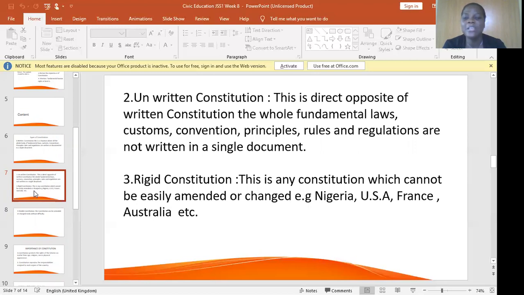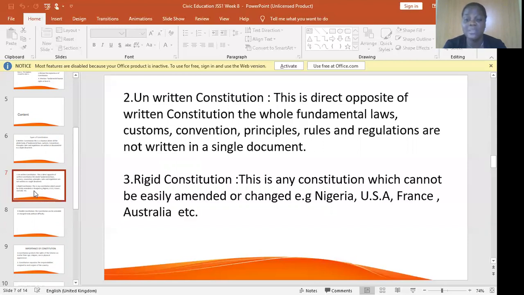The law is that by 6 o'clock, nobody should be at the stream to fetch water. It's not written down, but it is effective. And so are many conventions and customs, the way they do their things, that are followed. They're not jotted down, but they are there to be effective.